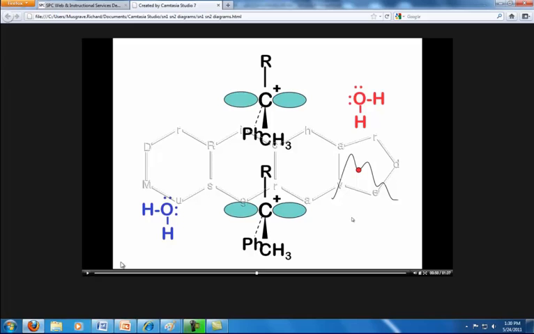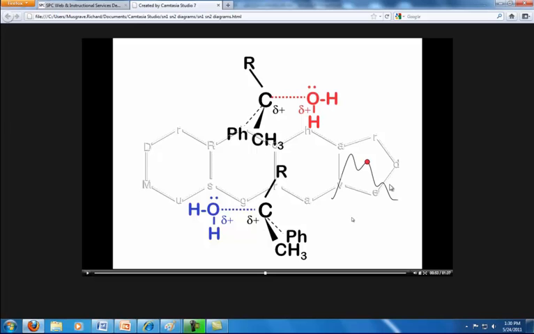The point being made here is that this nucleophile, which is water, can come in and attack from either side of this carbocation. At this point, the O and the C are just about joined. They're not quite joined, but they're just about to join, and that's the peak of this part of it.